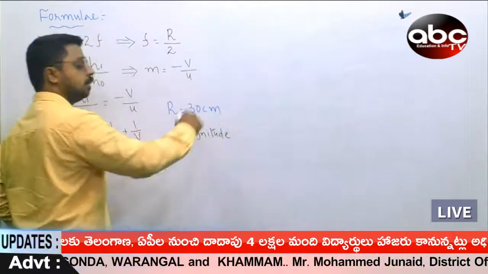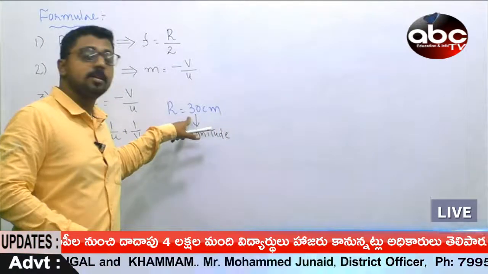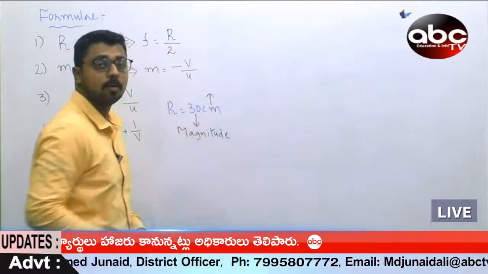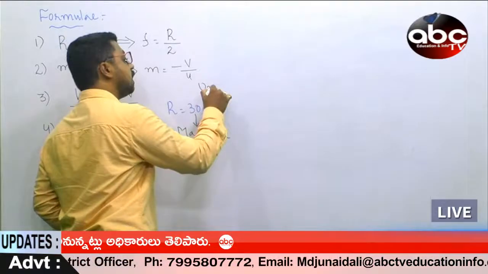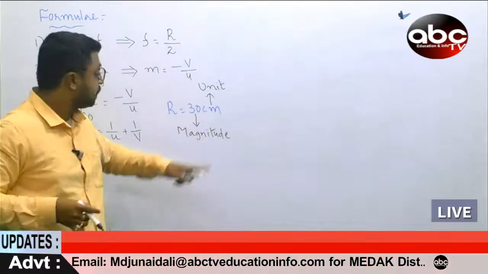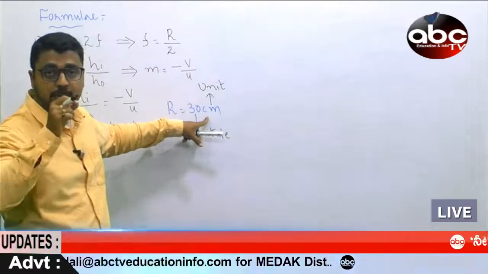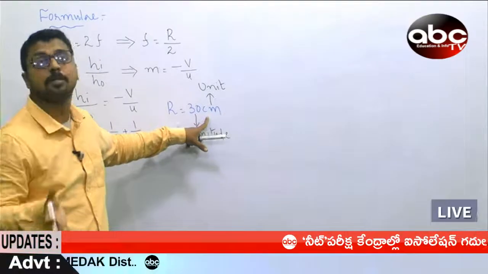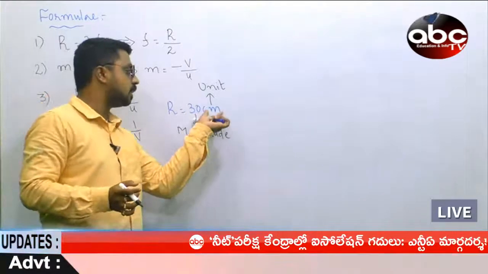This value part is called the magnitude, whereas this part is called the unit. That means centimeter, kilometer, nanometer, micrometer, angstrom, any type of unit.